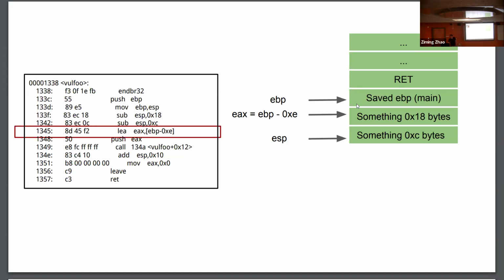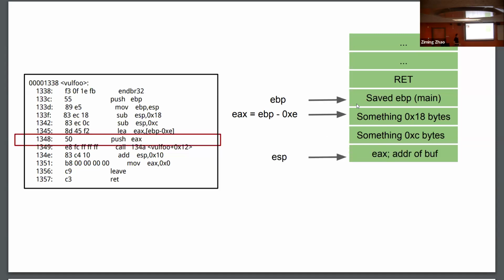The EAX was pushed onto the stack again. The reason we are pushing this one is because we are making another function call, which is gets. Gets only takes one argument, which is the buffer, right? So now you can see the buffer's address, the buffer is actually at EBP minus E.